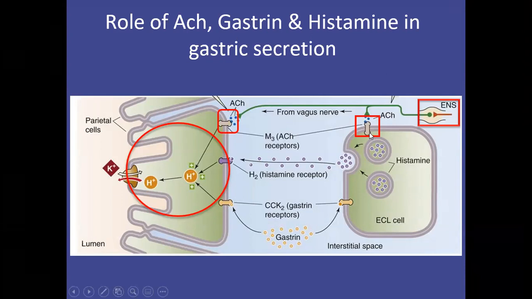Acetylcholine acts on muscarinic receptors and causes increased release of histamine from the ECL cells. And that histamine in turn acts in a paracrine fashion on H2 receptors on the surface of the parietal cells, and H2 receptor activation will also lead, like acetylcholine, to increased activation of the proton pump and increased secretion of HCl into the lumen. So acetylcholine works directly and also indirectly through ECL cells.